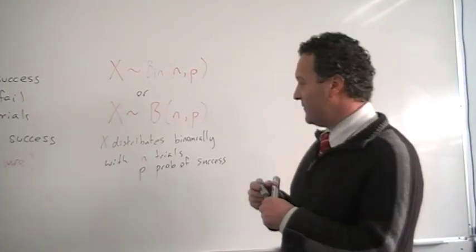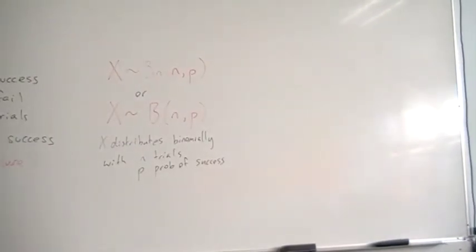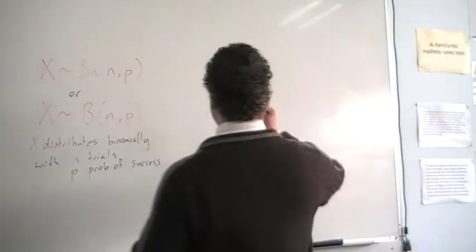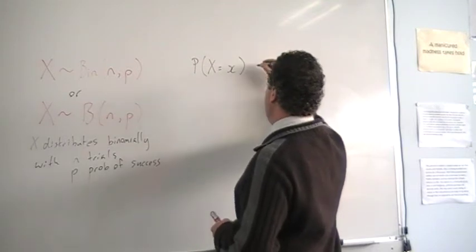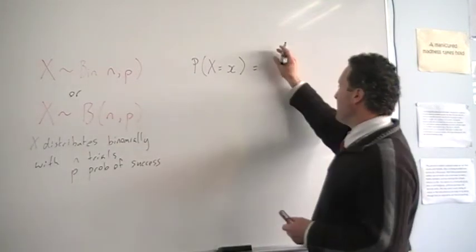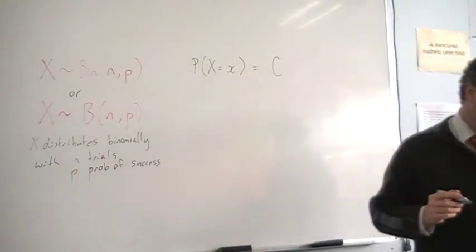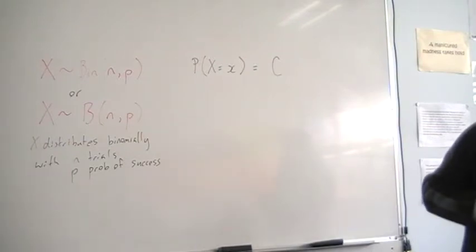Another thing to look at is the probability of something happening. In general there's a little formula, and you can do it by hand, or you can use your calculator to work it out.